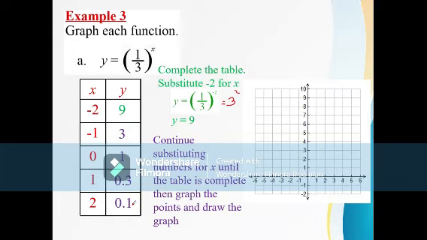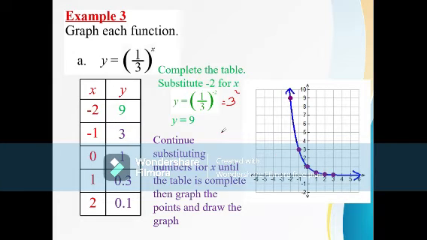Okay. After that, we are going to plot the points. Let's start with negative 2. Here is negative 2 and this is 9. Then negative 1 for our x, and then positive 3. Then 0, then positive 1. Then 1, then 0.3.